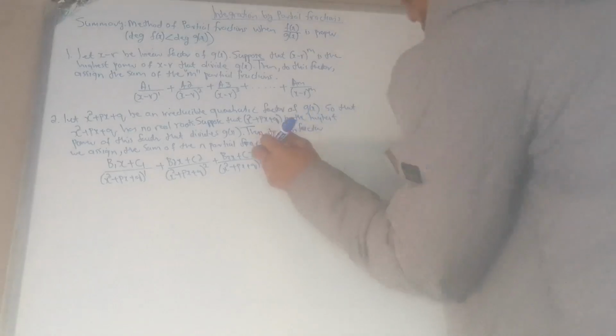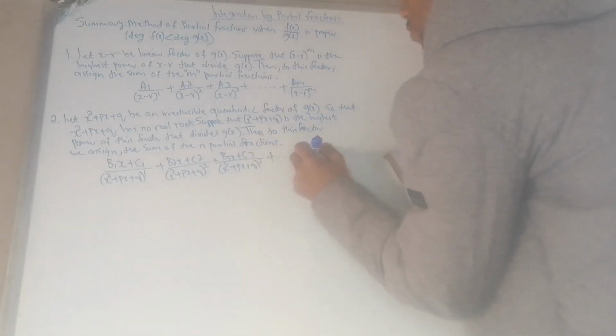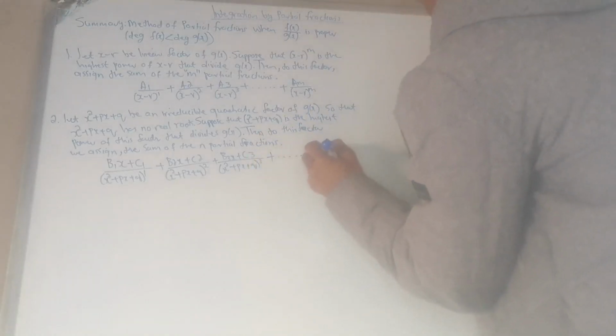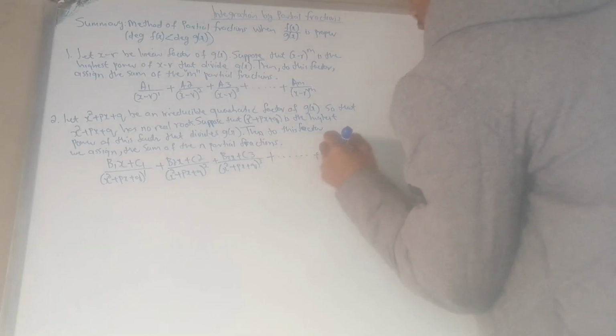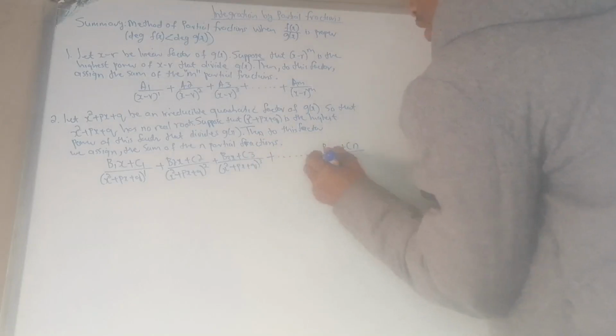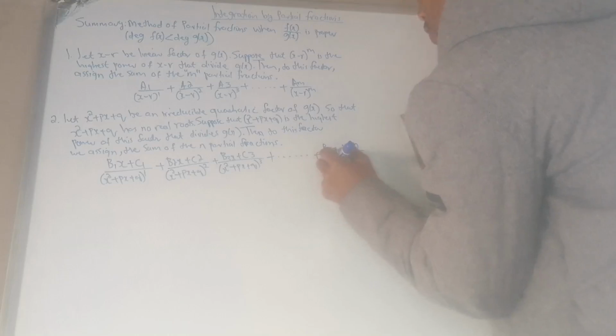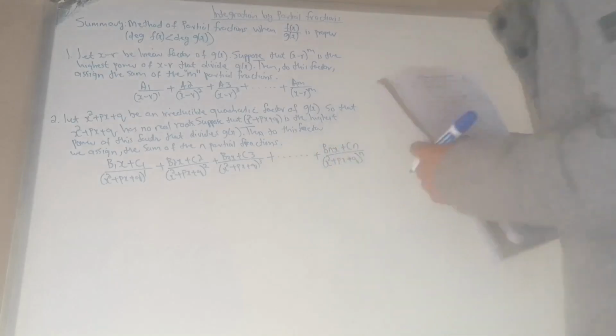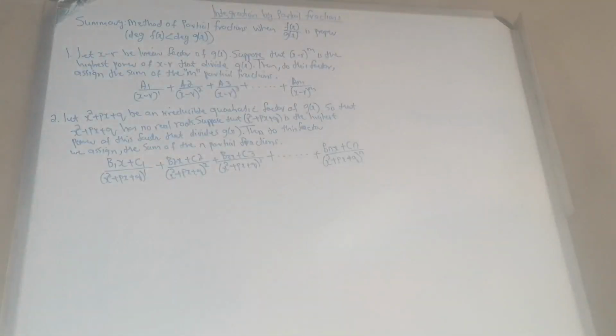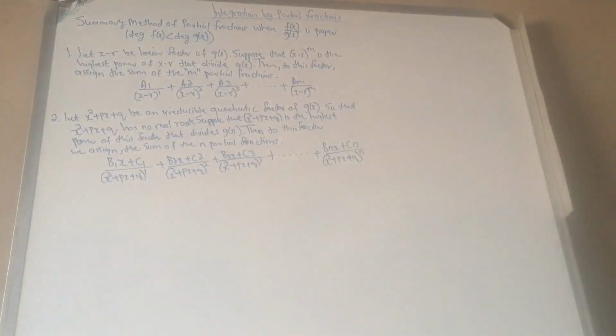And I can keep on doing this, up to bnx plus cn divided by x squared plus px plus q to exponent n.